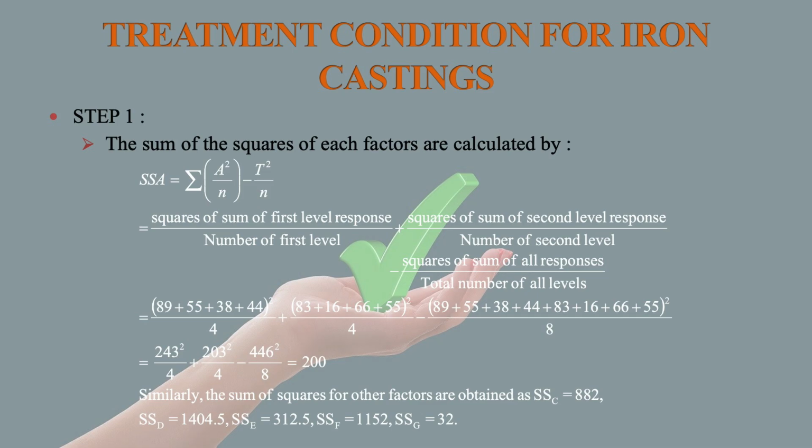Similarly, the sums of squares for the other factors are obtained: sum of squares for C is 882, for D is 1404.5, for E is 312.5, for F is 1152, and for G is 32. Like this we have to find the sum of squares for each factor.